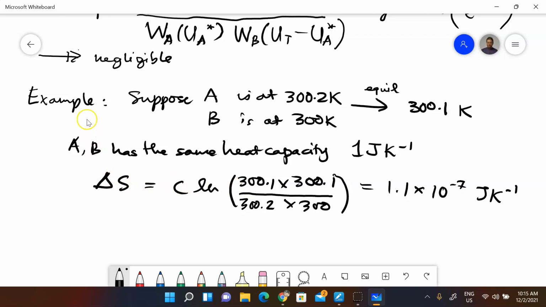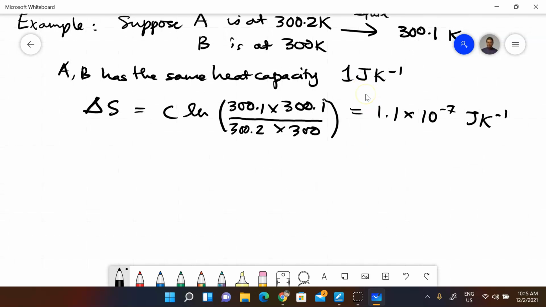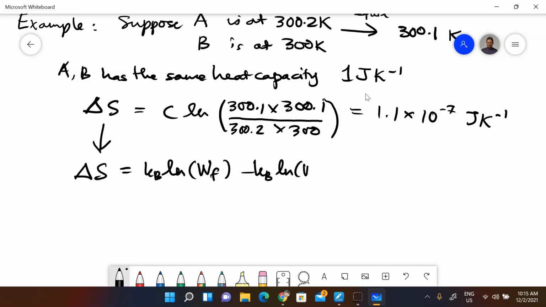Now, you might say this is nothing impressive, but let's rewrite this. Your delta S in terms of the number of accessible states should be equal to that according to the thermodynamic formula.